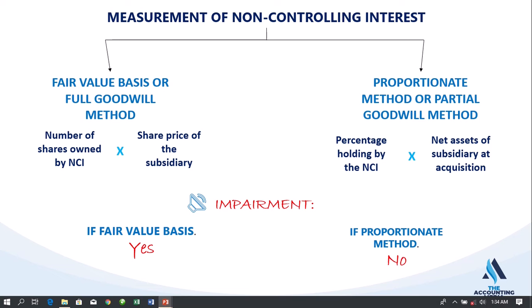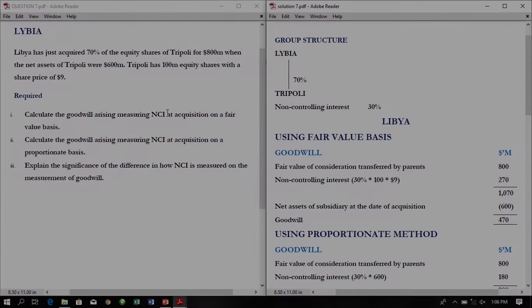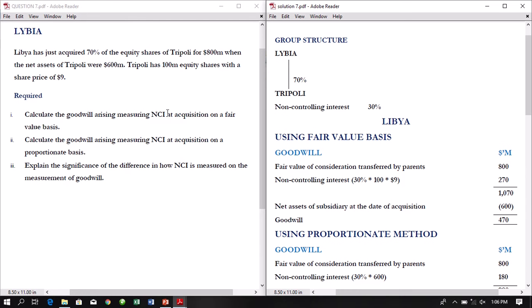Very easy and straight. How can we illustrate this in an examination condition or in figures? Let us pick a simple example to illustrate all this. Question 1 says Libya has just acquired 70% of the equity shares of Tripoli for $800 million, when the net assets of Tripoli were $600 million.